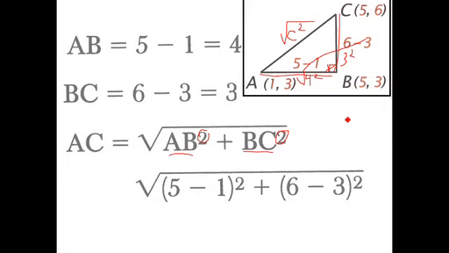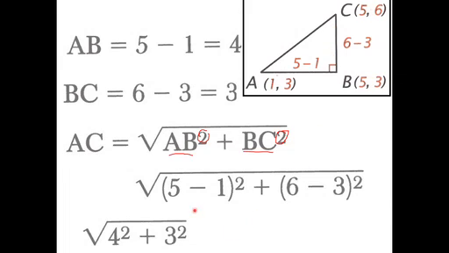So it looks like this when you use substitution. We take the values that we had. Let me clear some of this out of here. So AB is from there to there, is 5 minus 1, and BC is 6 minus 3 from up here.